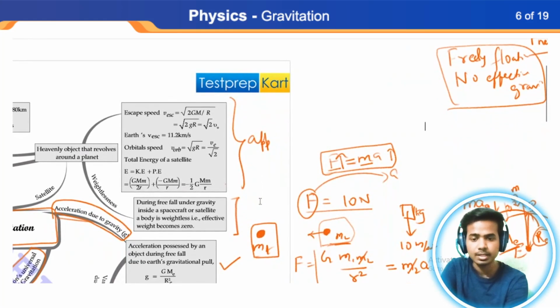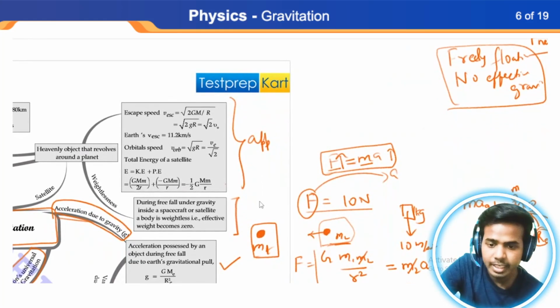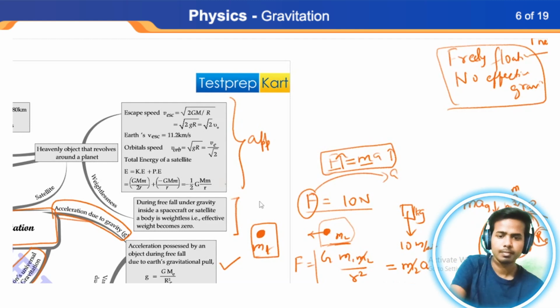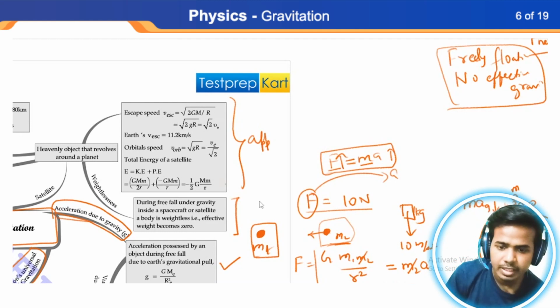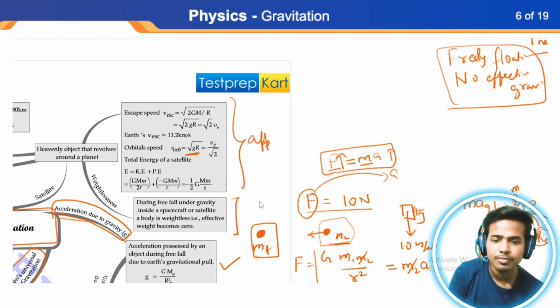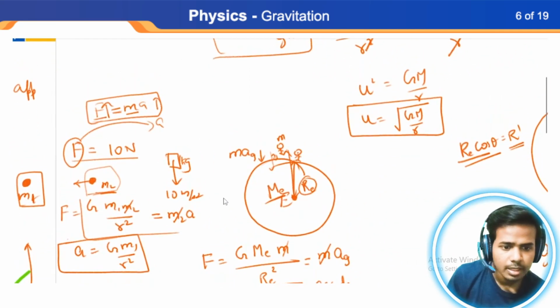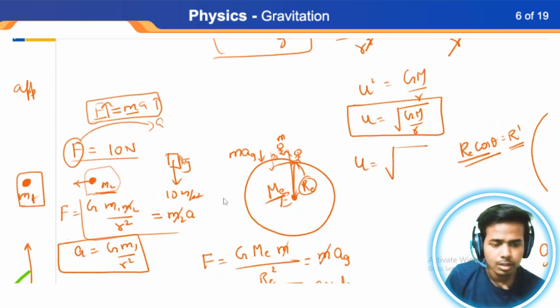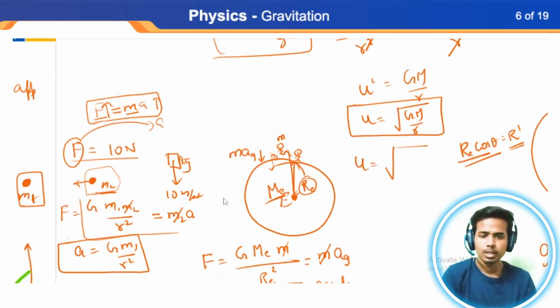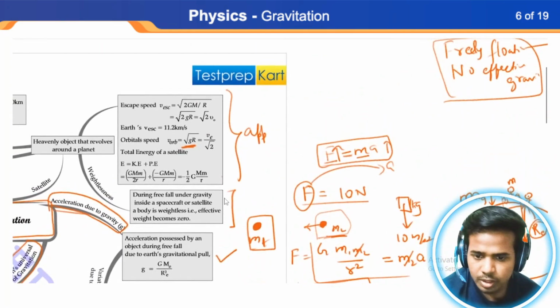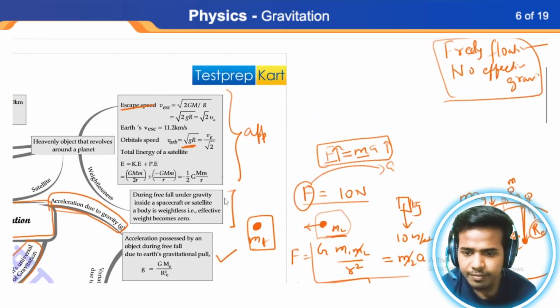Now, if that is clear, let's take up orbital speed. This has been given in this format, so we can take it up in this format. Let me just write what we need to discuss here: the escape velocity, orbital speed.